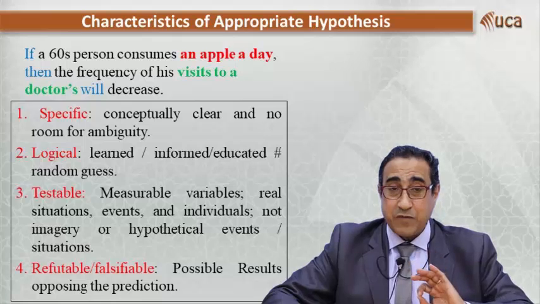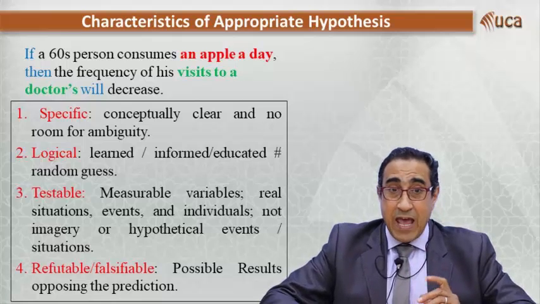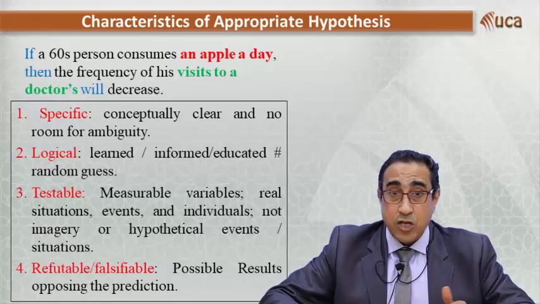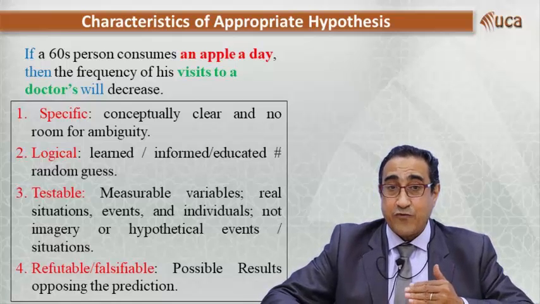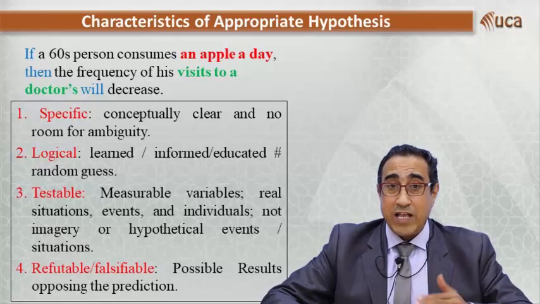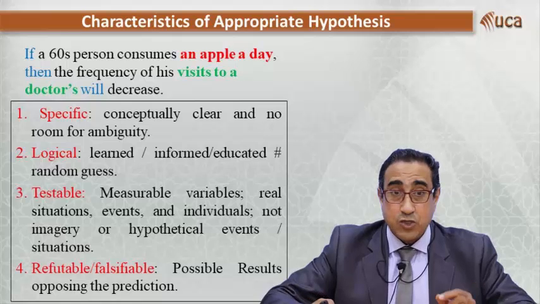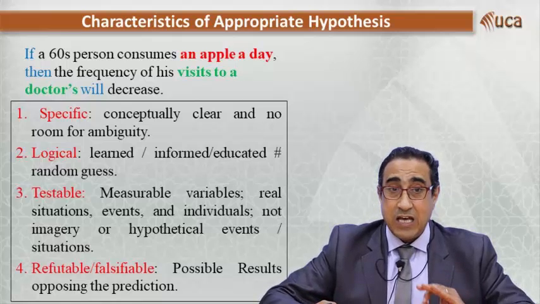So it is specific about the age group. And then we are talking about an apple a day, not anything else, not any other food. And we will focus on counting the visits. So that's why it is specific.